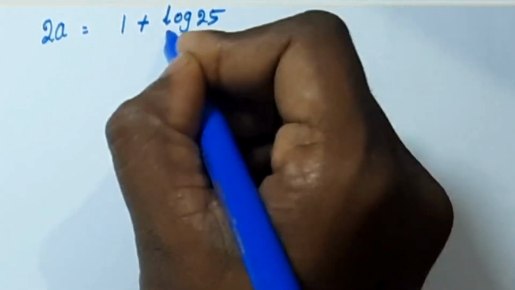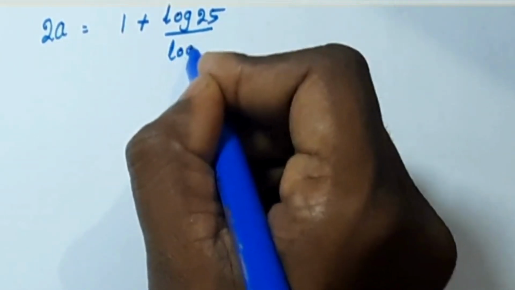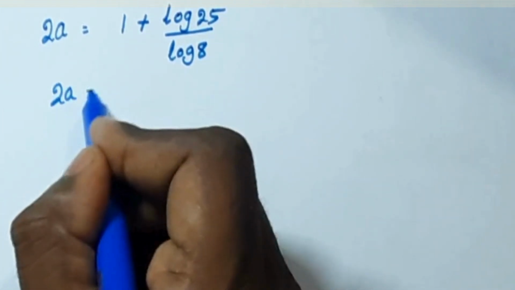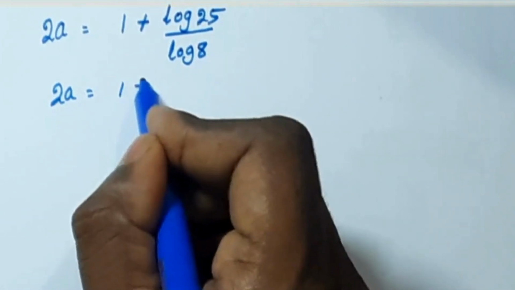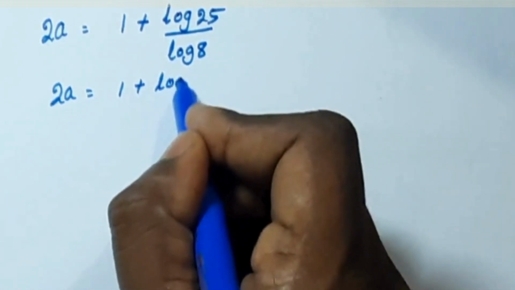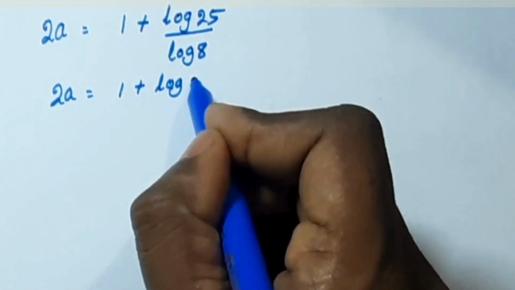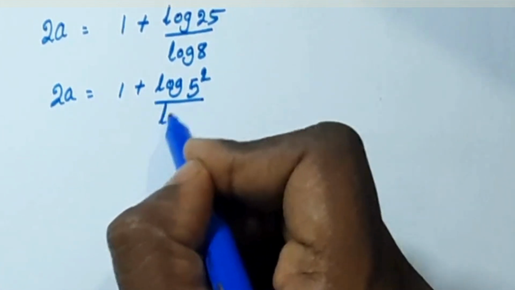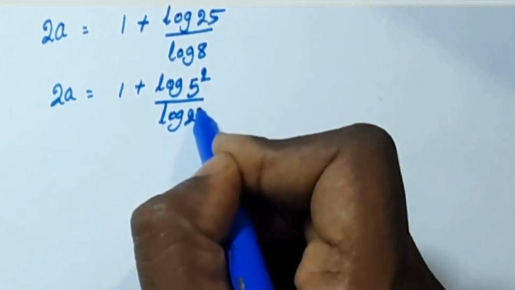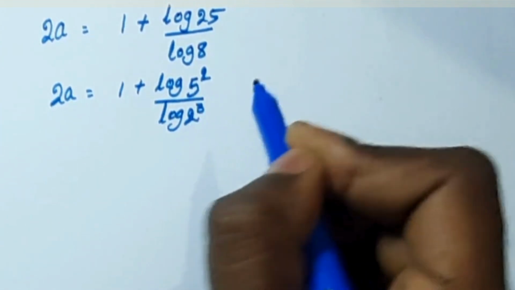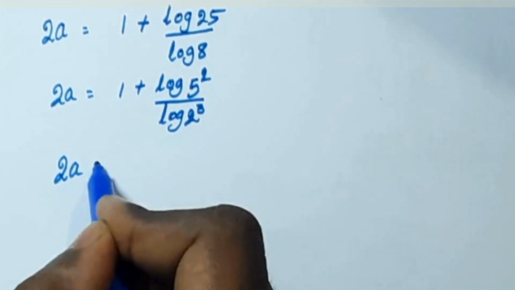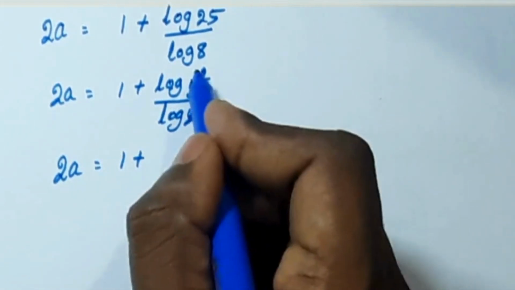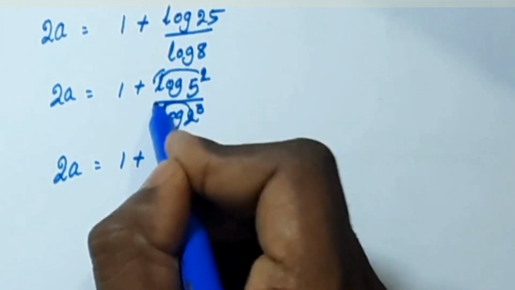Now 2a = 1 + log 25, which can be written as 5 squared, over log 8, which is 2^3.